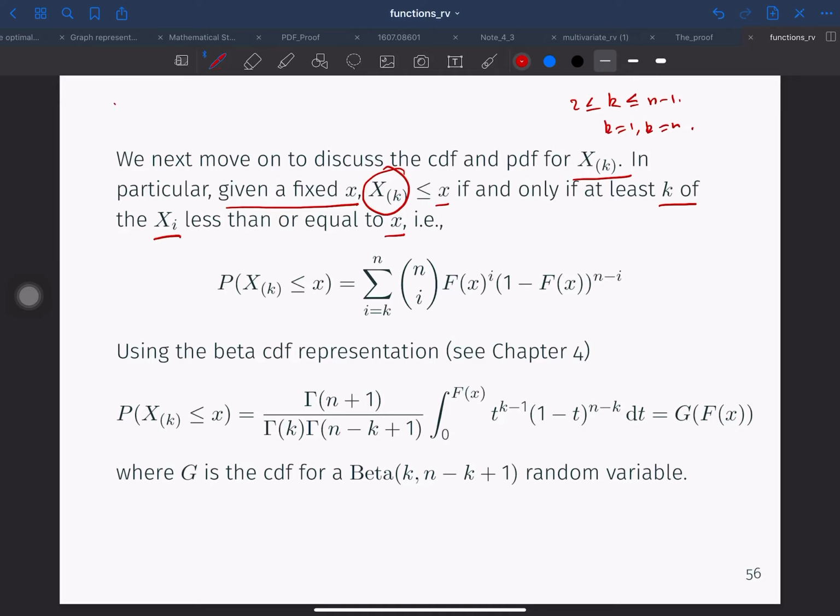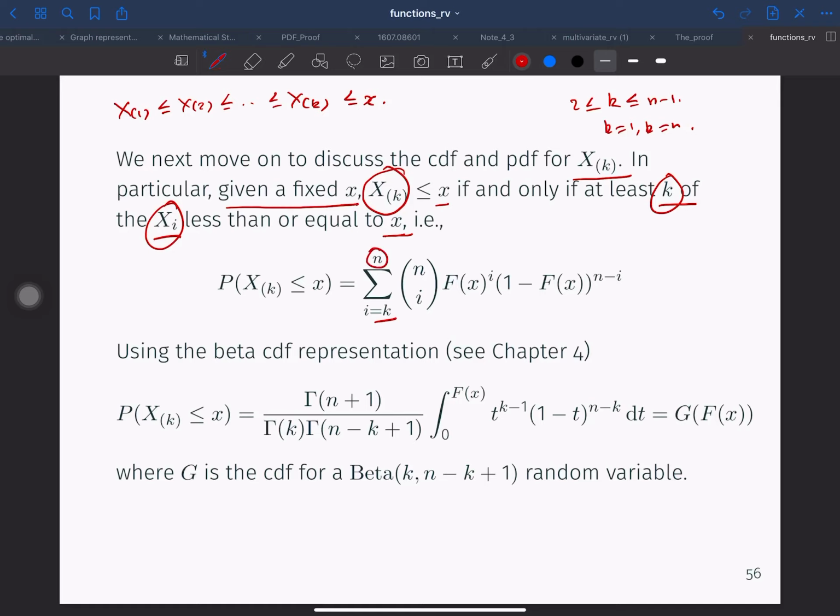So as we see, X_(1) less than X_(2) less than ... less than X_(k) less than or equal to x. What that meant is that at least k of the X_i have to be less than or equal to x. So in that case, we can just sum over i from k up to n.